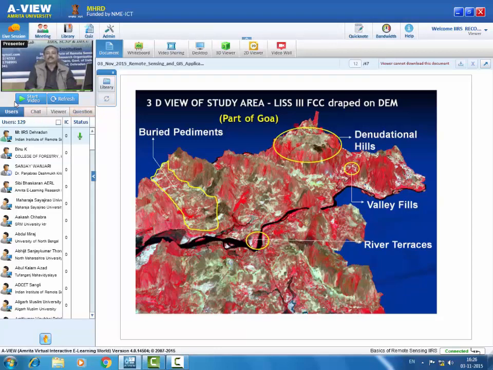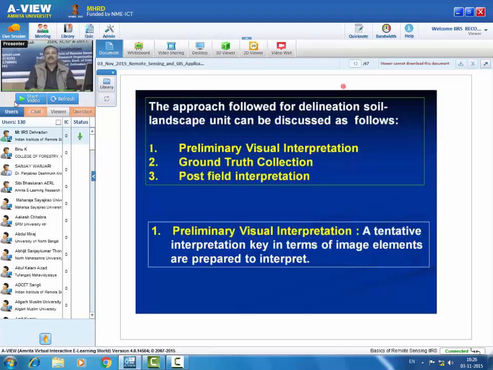Suppose this is the top of the hills, but this is the side slope of the hills. So you interpret this one and this one separately, and then you divide based on your land use, land cover, means forest, agriculture, barren, because soil in all land use will vary.